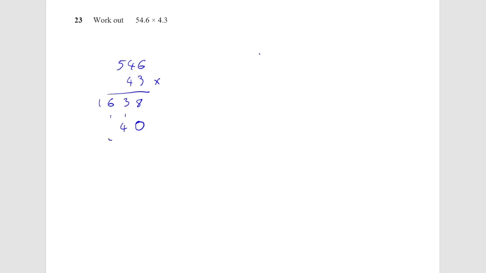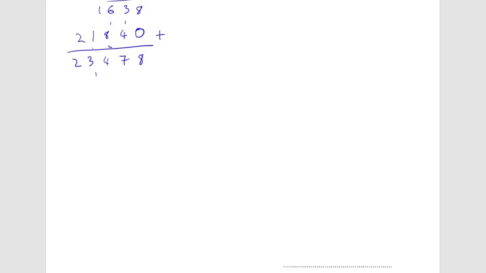4 times 4 is 16, plus the 2 is 18. And then 4 times 5 is 20, plus the 1 is 21. If I add those two numbers together then, 8 plus 0 is 8, 3 plus 4 is 7, 6 plus 8 is 14, 1 plus 1 plus 1 is 3.